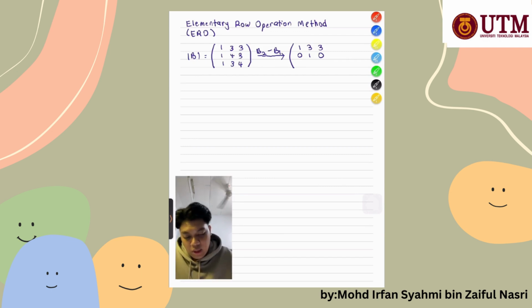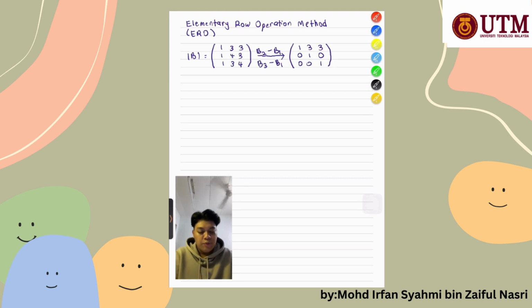We check the third row also. If it does not start with 0, we make it 0. We use R3 minus R1, so it becomes 0, 0, 1.